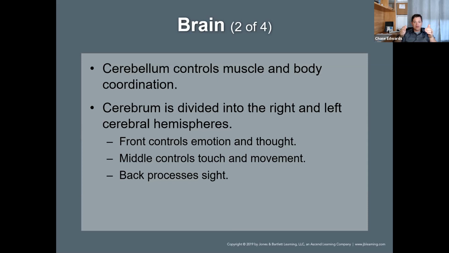Each half controls activities on the opposite side of the body. The front of the cerebrum controls emotion and thought. The middle part controls touch and movement, and the back part processes sight. In most people, speech is controlled on the left side of the brain near the middle of the cerebrum.